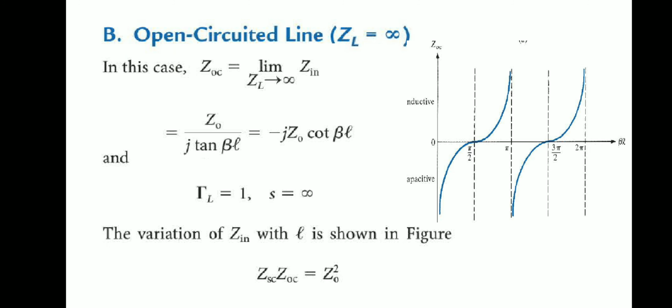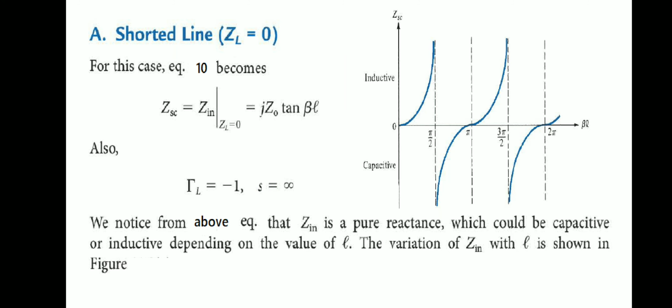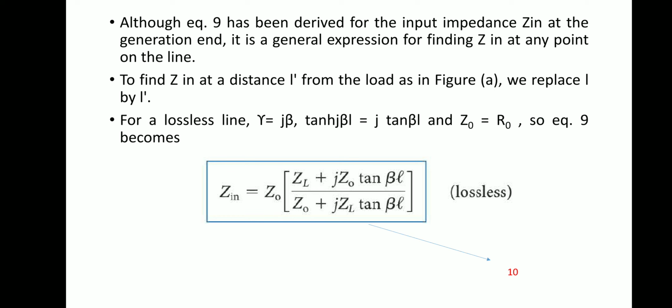So for an open circuited line, we have infinite load impedance. To find the input impedance, we can take this ZL outside, from the numerator as well as the denominator. After that, we can apply the limit.